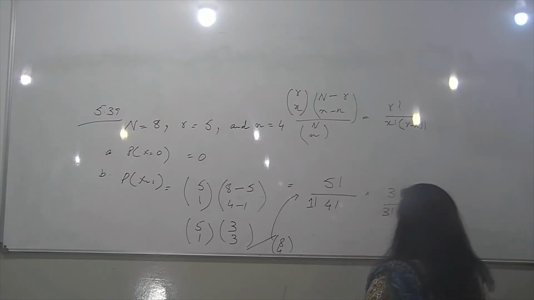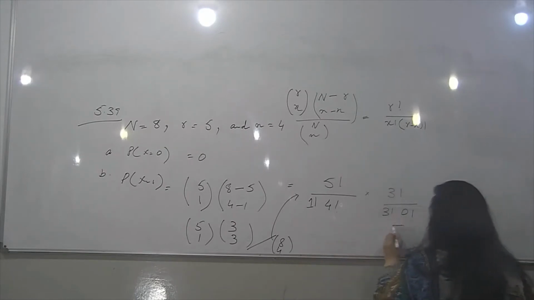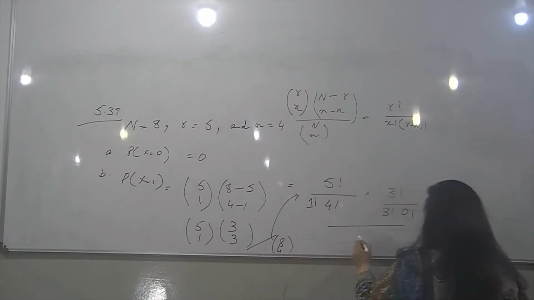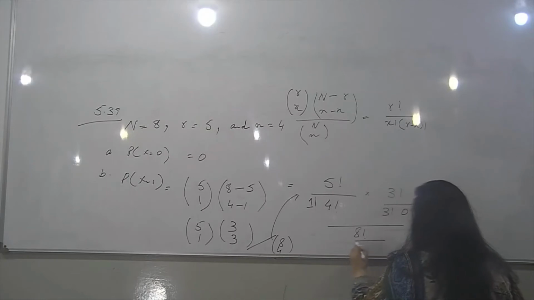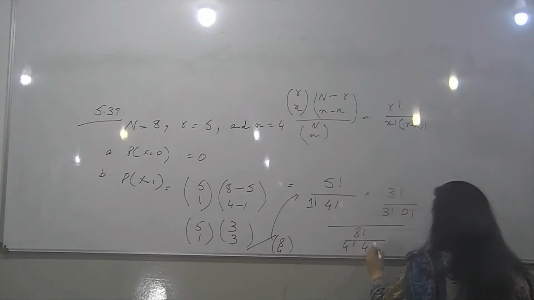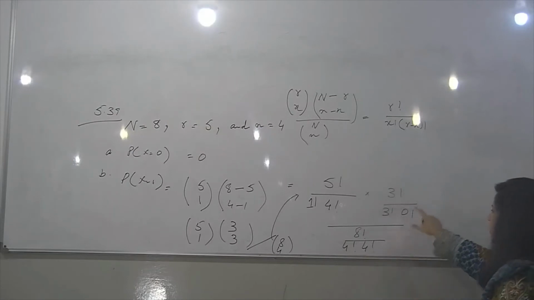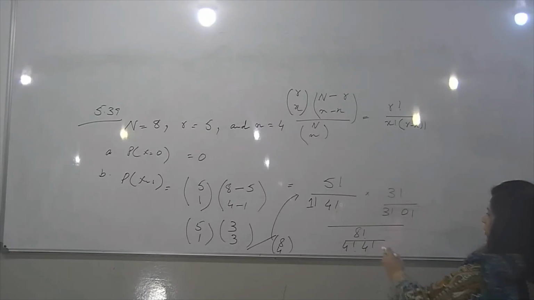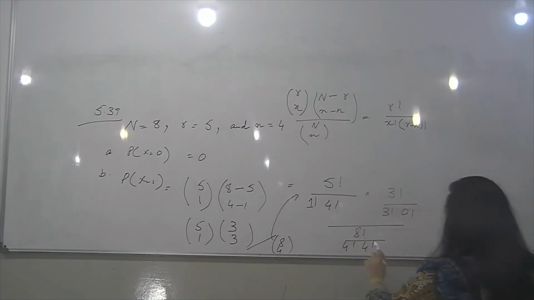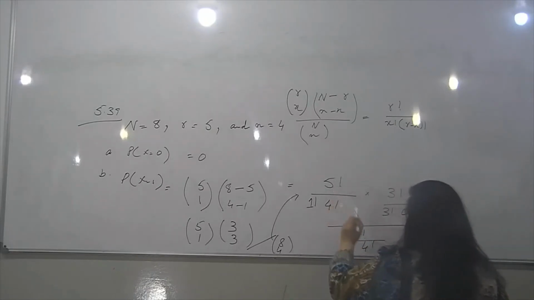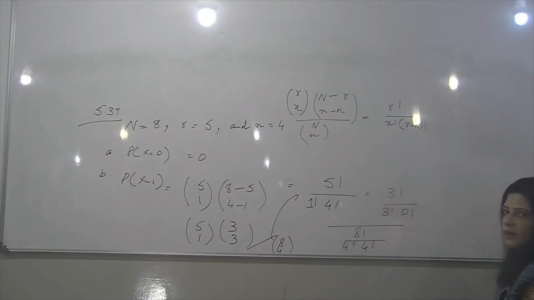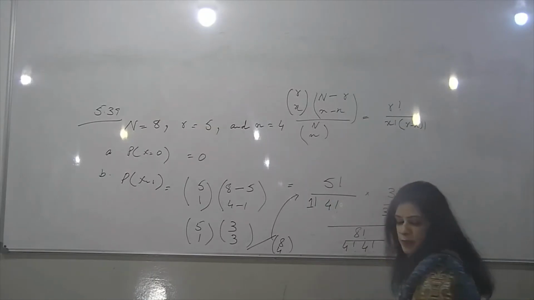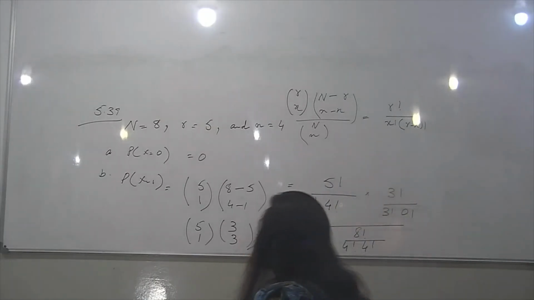Now we have over 8 by 4, so this is going to be 8 factorial over, so we have 4 factorial into 8 minus 4, which is 4 factorial. Okay. Now we are going to be solving first the numerator, and then we are going to be going for the denominator. If I open this factorial, because I cannot have too many steps here because there's limited space, so I'm going to be solving this part right here.